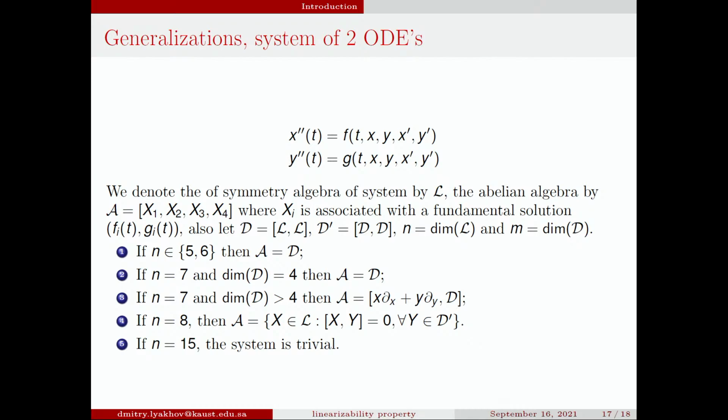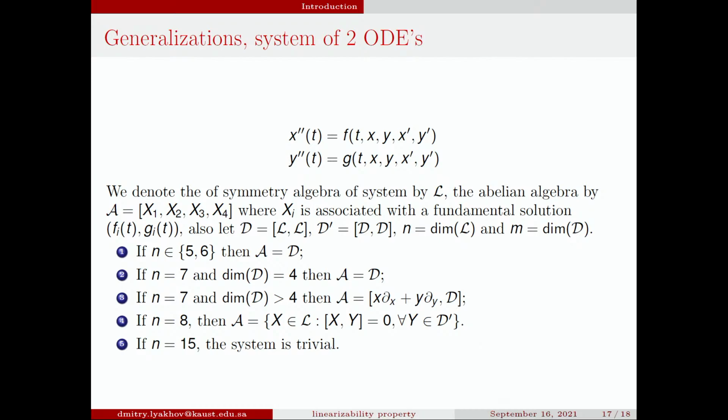If the dimension of the whole symmetry algebra equals 5 or 6, then A is just the derived algebra. And if n equals 7, we have 2 different cases to get A. Also for 8, how we get A is not just by computing some bracket.